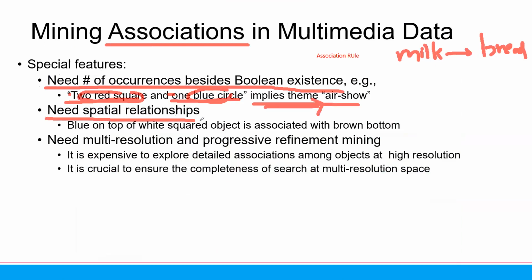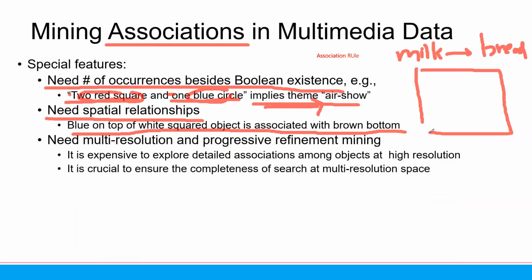The spatial feature needs spatial relationship. What is the spatial relationship? Blue on top of white square object is associated with brown button. So you can have like user interface, for example. So in the user interface, we may have like button, or we have like the header.